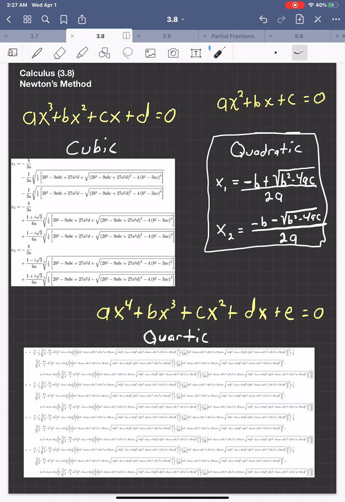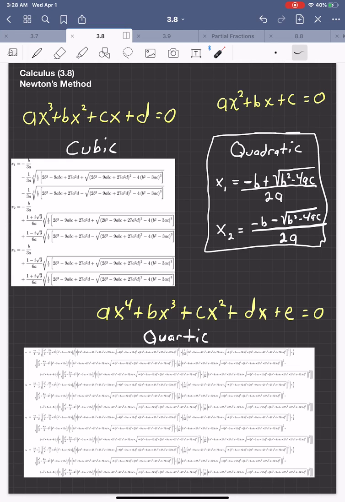But maybe we can at least appreciate that you probably have never had to use the cubic formula for finding zeros, for finding roots, or the quartic formula for finding those roots. They all work.